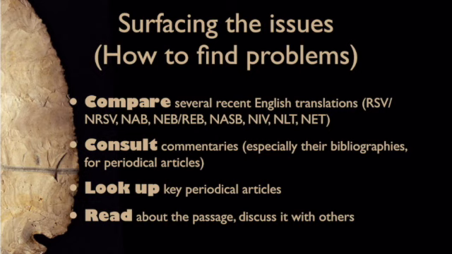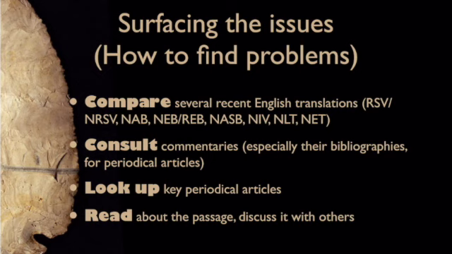Now, what's interesting about English translations, particularly translations like the RSV and the NRSV, is that those are pretty close translations, with a lot of overlap between the translation committees. So when there's a difference in translation between the RSV and the NRSV, it's pretty significant. There's an issue there where the committee really debated.